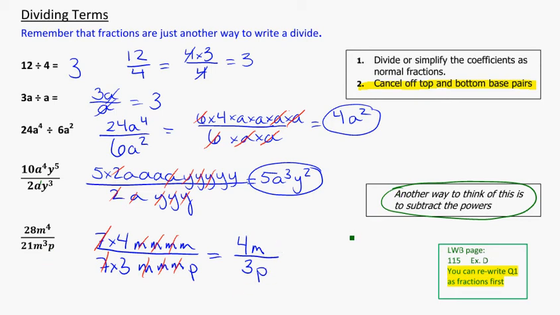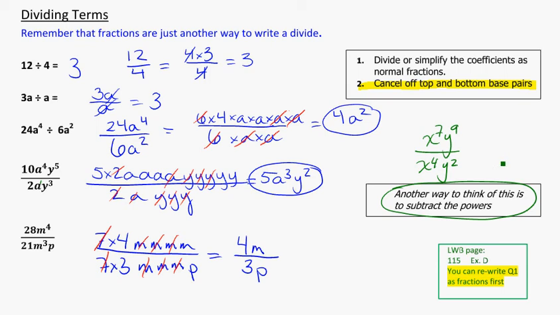Another example of that really quickly could be something like x to the 7, y to the 9, all over x to the 4, and y to the 2. So if I want to think about that idea, I could visualize writing out all 7 x's and all 9 y's, and all 4 x's and all 2 y's on bottom, and canceling them off one for one.